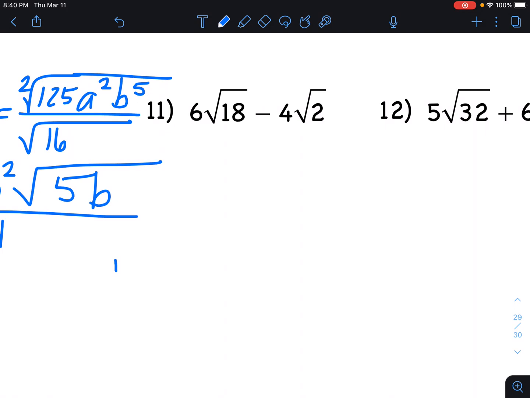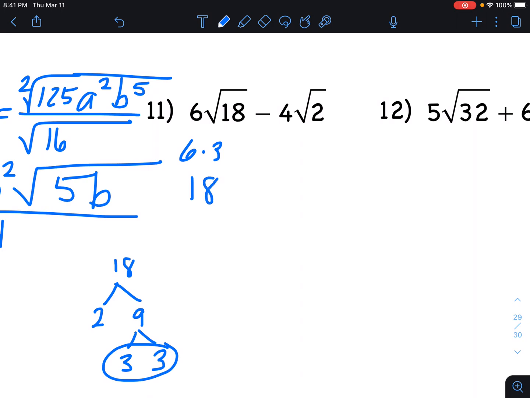So that 18, let's bring it down to the side and see what we can pull out. So 2 times 9, 9 is 3 times 3. So it's a square root, so that's 2 of a kind. So a 3 is going to come out. It's going to multiply by that 6 that's out there already to get 18.